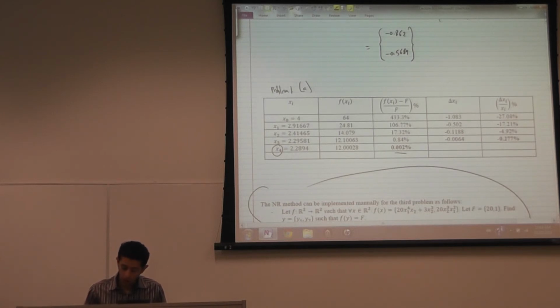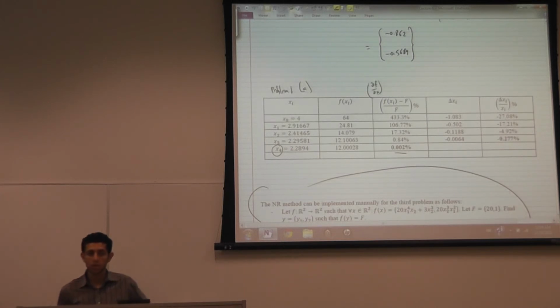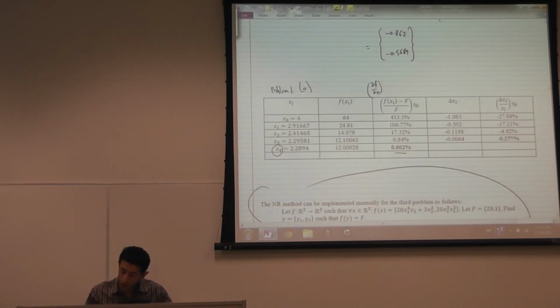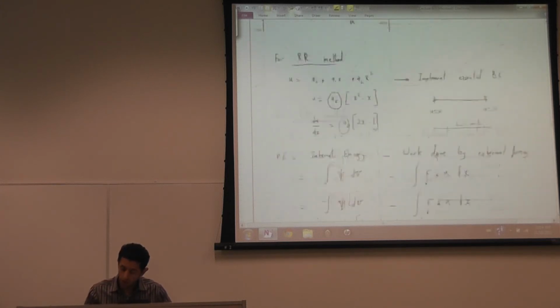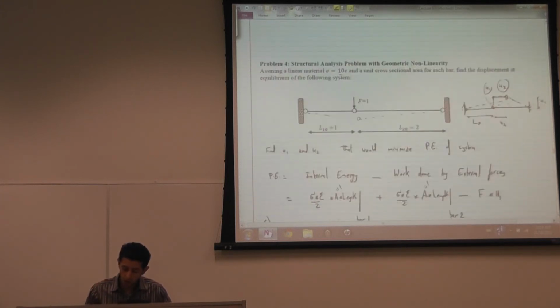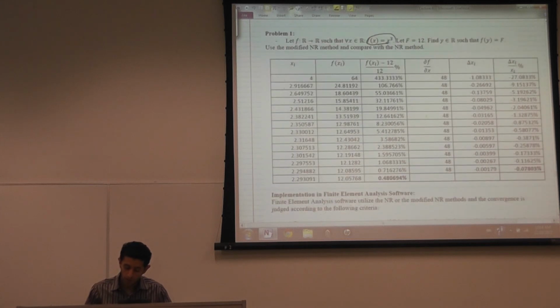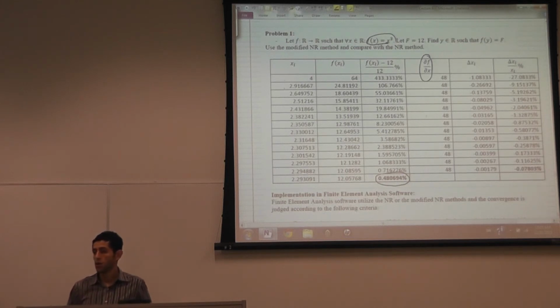And here, every time partial f by partial x is calculated and inverted, and a new partial f by partial x is calculated and inverted. If you try it using the modified Newton-Raphson method, where you calculate the slope once and you never change it, then you see that you need so many iterations to achieve an even worse approximation than we achieved using the Newton-Raphson method.